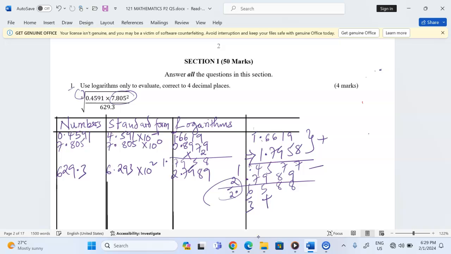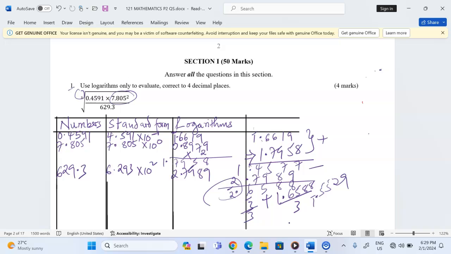Then we take the borrowed one to the other side, such that 0.6588 becomes 1.6588. Separately we divide by 3: this becomes bar 1, then point, and 1.6588 out of 3 becomes 0.5529.